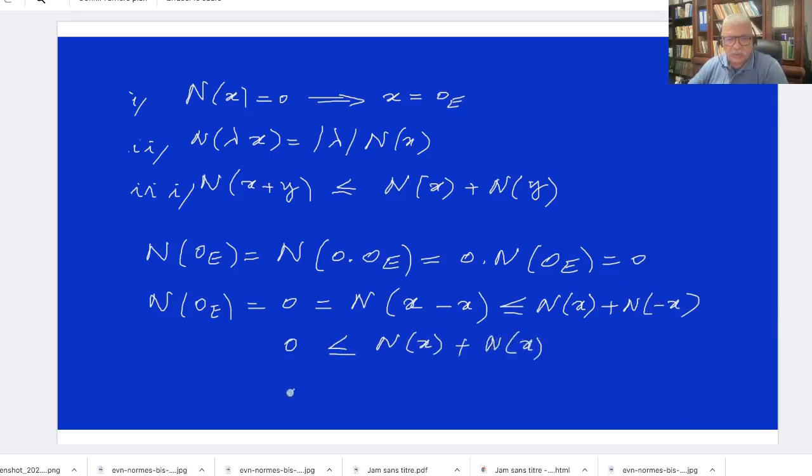In other words, 0 is less than or equal to 2n of x. So we will note here that positivity is a consequence of the 3 properties we give for a norm. It is therefore not necessary to specify that n maps to R+.